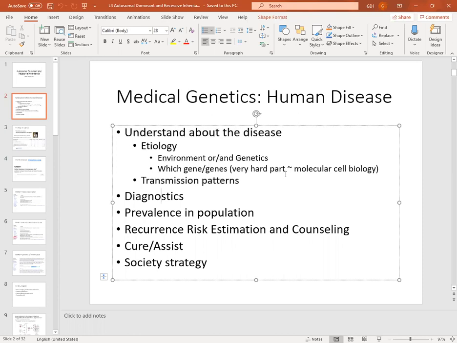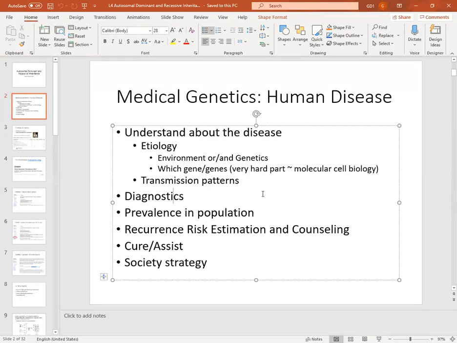And the next thing, when you have the gene information and you know about the mutation or the set of mutations, you can organize or design an experiment for diagnostics, right? That is, we try to answer whether people who have the mutation develop the disease or not.